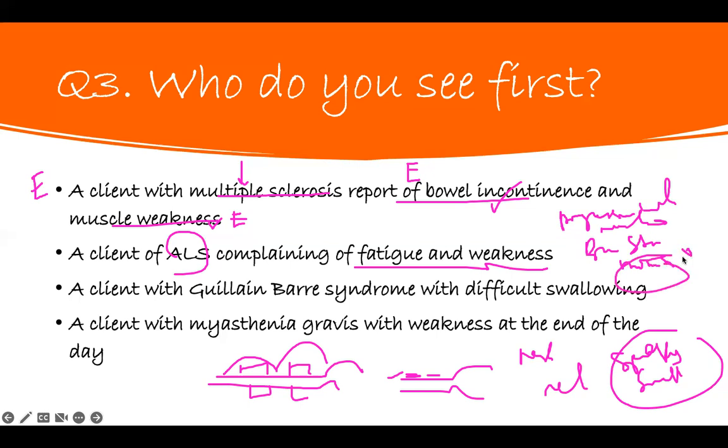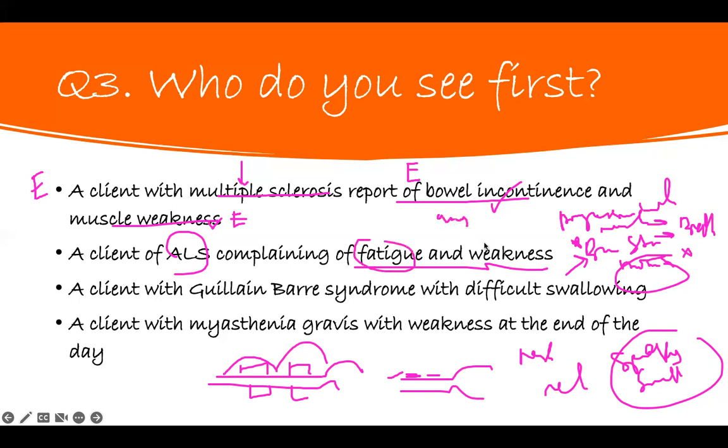When the motor neurons in the spinal cord are not working, they have weakness. If the brainstem is completely destroyed, the brainstem controls breathing, so your respiration. So you're looking for airway issue in this patient.